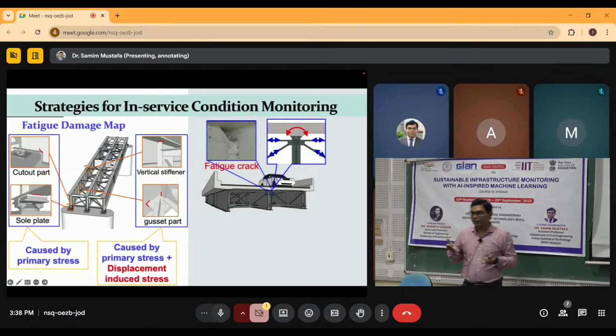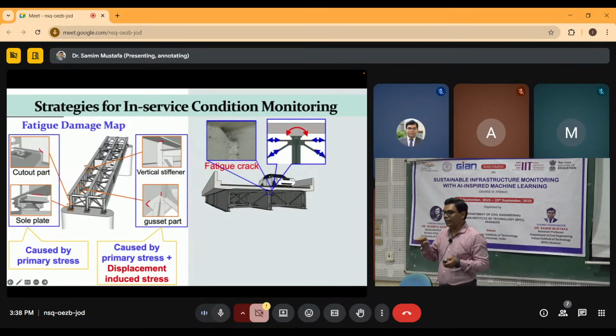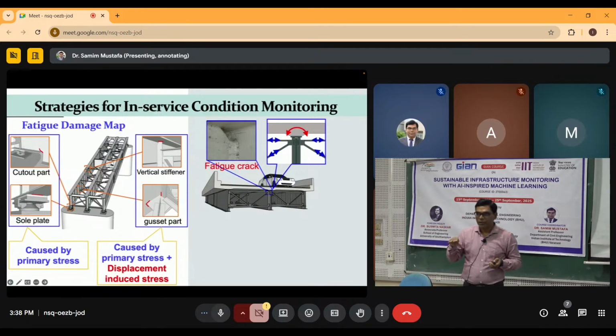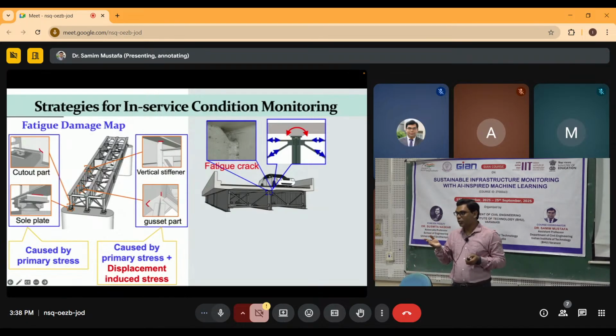So you can redesign and you can use a better quality member, higher grade of steel or higher grade of concrete or higher thickness of steel, right? So that this type of fatigue damage could be prevented, because basically fatigue damage occurs because of the stress accumulation.